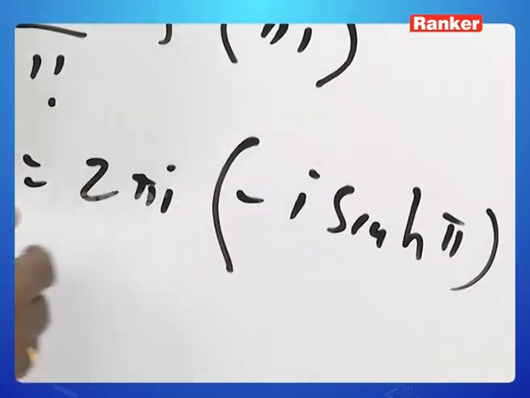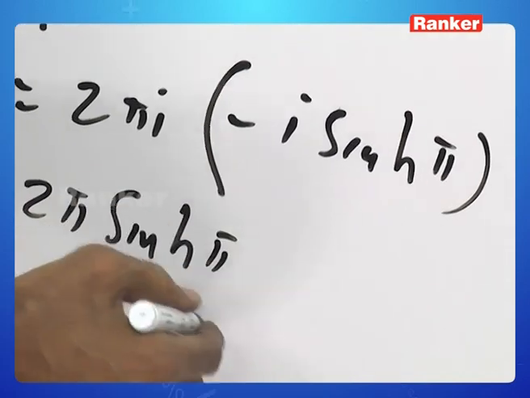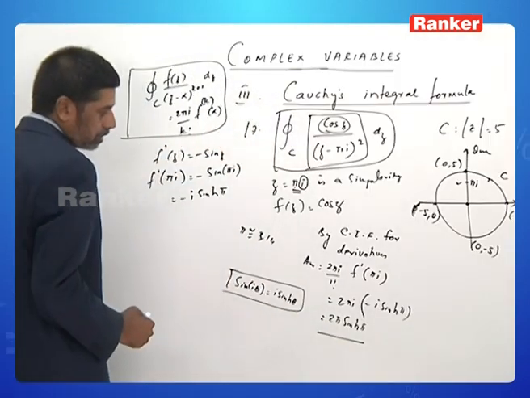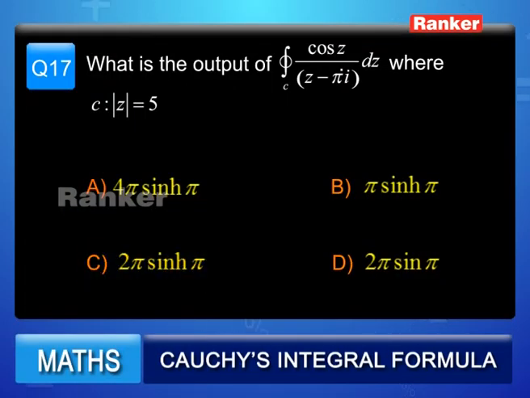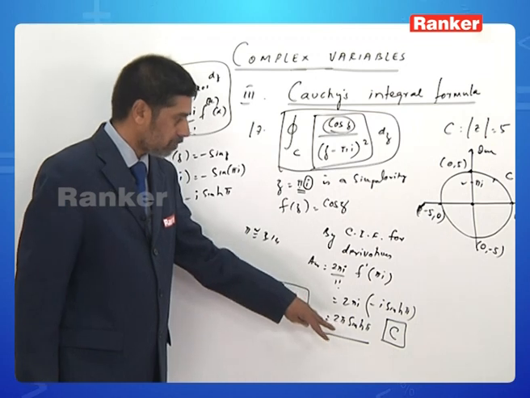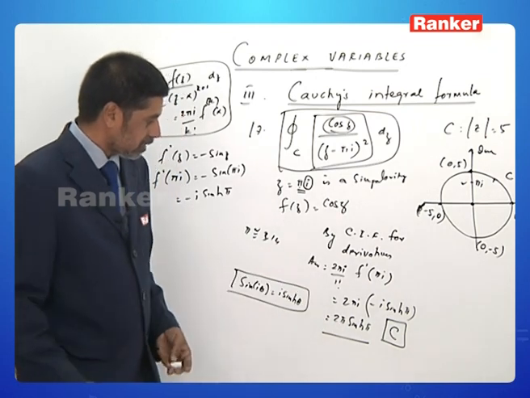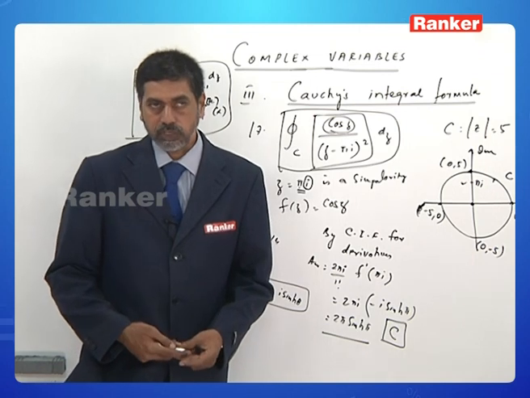Minus I square is 1. So, the output is 2 pi sin hyperbolic pi. And you will see that this answer is found as option C. So, you must also know these relations in order to conclude a problem. Otherwise, you will find that you are doing something wrong. Let's go to the next question.